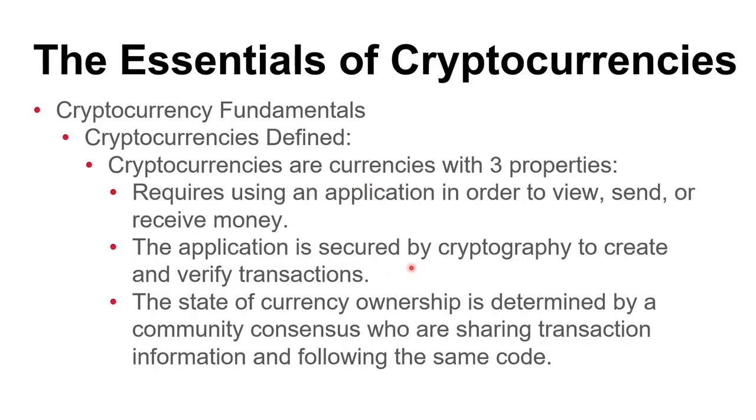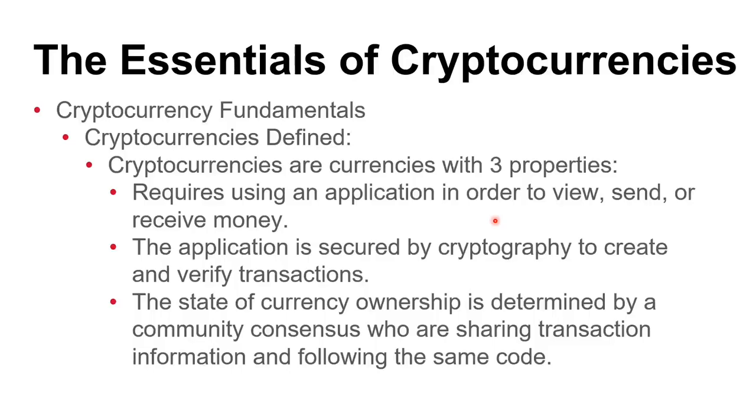So cryptocurrencies, defined, have three properties. It requires using an application in order to view, send, or receive money, so you need some type of application. Because these are digital, the application is secured by cryptography, and you have to be able to create and verify the transactions.